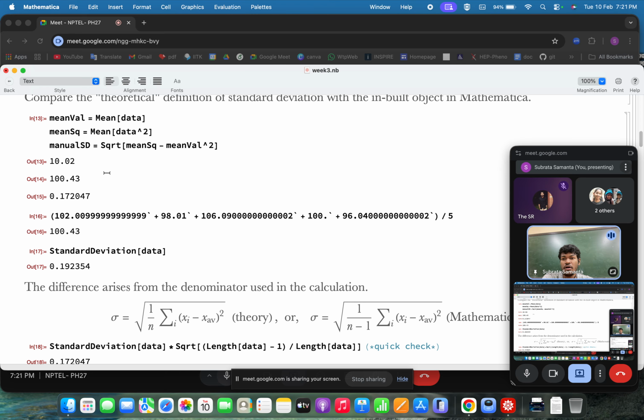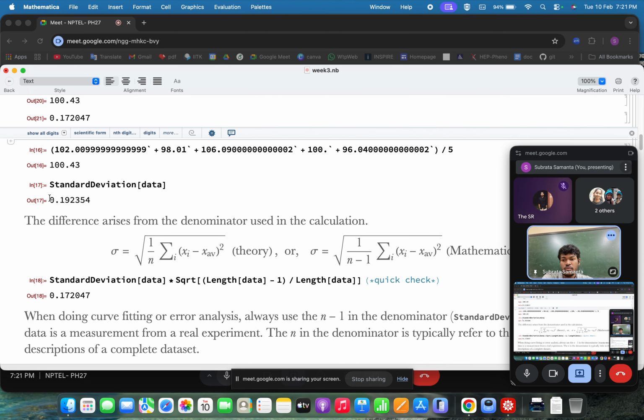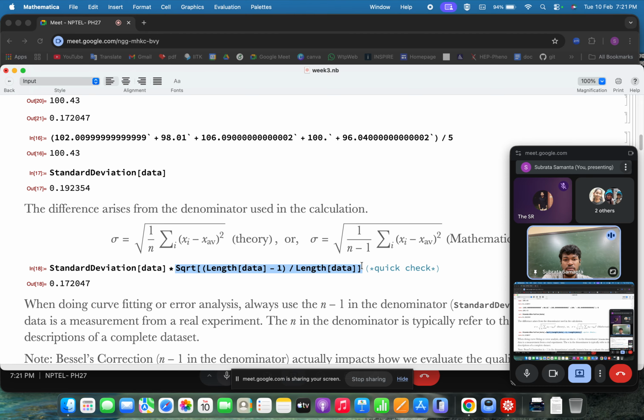This is the value we obtained by this definition. So, now we match. This is the quick way to check. That means your standard deviations in Mathematica use n minus 1 instead of n. So, is this point clear or not?